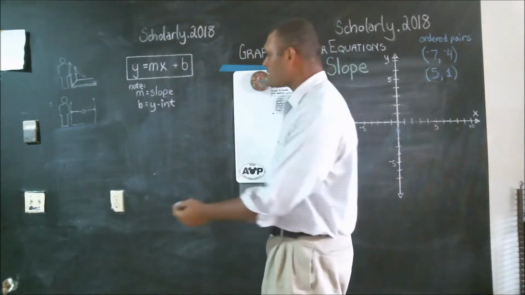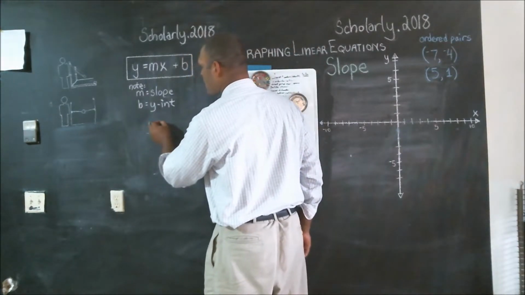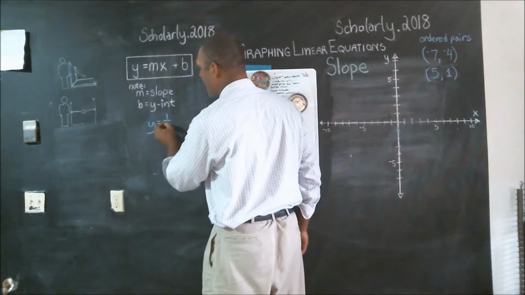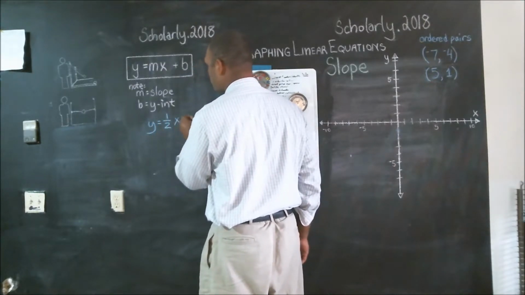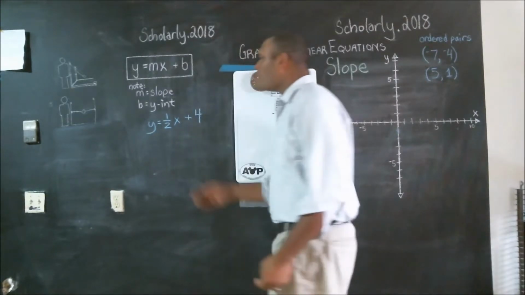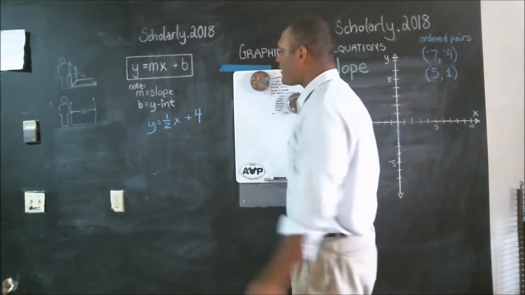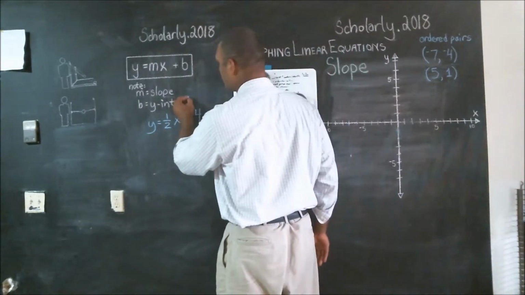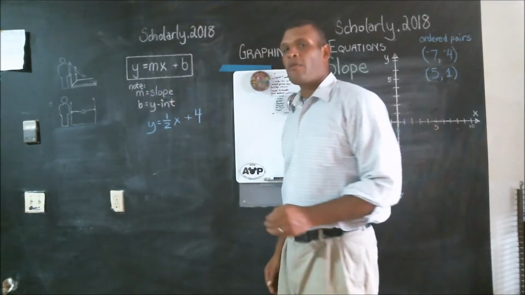Okay, so you might see an equation that looks like this: y equals 1/2 x plus 4. Now, what do we know here in this equation? Well, we have our y-intercept. What is the x-coordinate for the y-intercept?